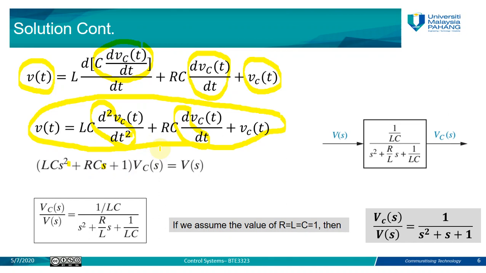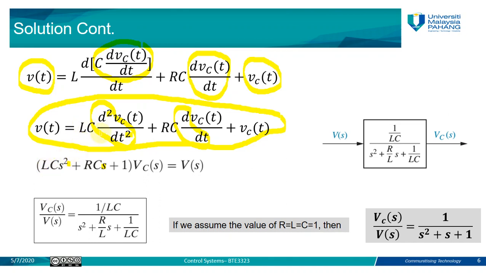If you have d cubed over dt cubed, you have s cubed. Since when we find the transfer function our initial conditions are assumed to be 0, any differential is converted into s to the power of 1, square becomes s squared, and cubic becomes s cubed.